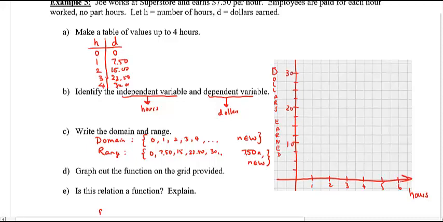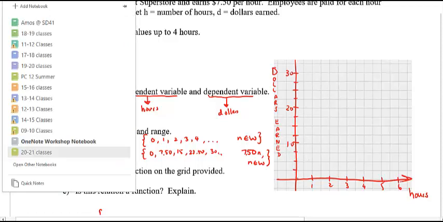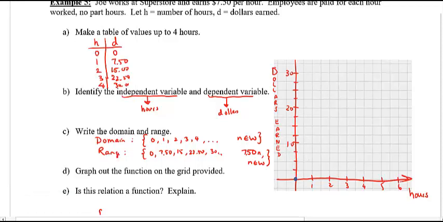Okay. And I want you to graph out the function. So notice if I don't work, I make nothing. If I do 1 hour, it's $7.50. If I do 2 hours, it's $15. If I do 3 hours, it's $22.50. If I do 4 hours, it's $30, and so on. Okay. Now, should I actually connect the dots here? Because if I connect the dots, what I'm saying is if I work like half an hour, I still get paid for half an hour.